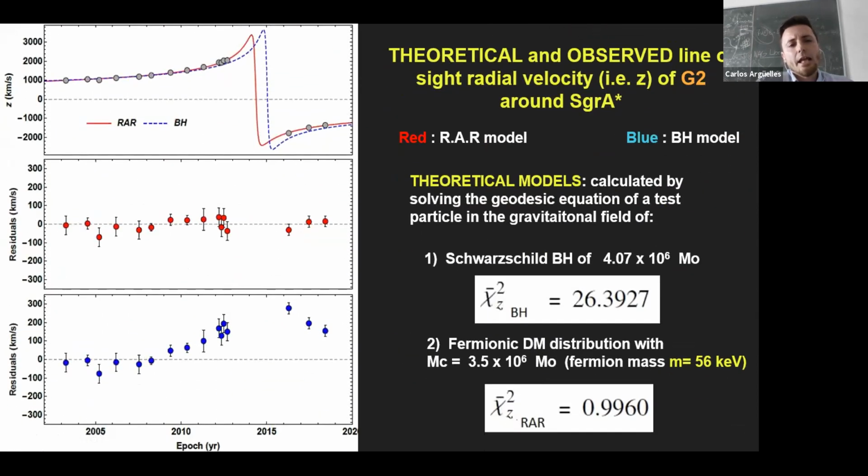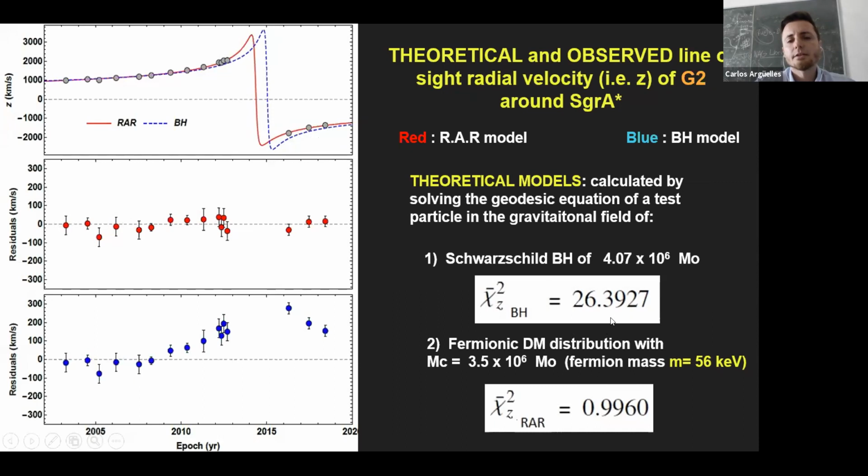Interestingly, when we combined the fit of the radial velocity in the line of sight of G2 with this astrometric data, we were very surprised, and very shocked to see this fitting: for the same particle mass of 56 keV that fits the precise astrometric data of S2, you can fit very well the post-pericenter passage, as you can see here, these three points after the pericenter passage of G2, while in blue is the black hole model, much better than the purely Schwarzschild black hole.